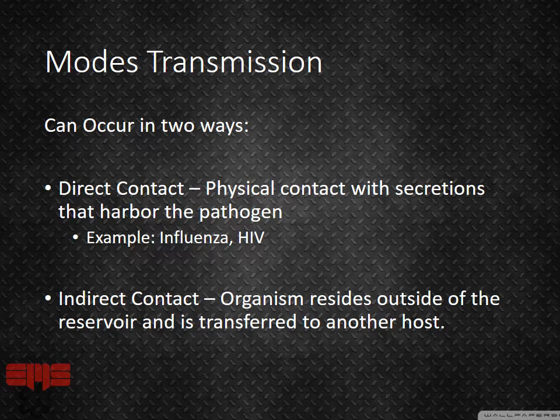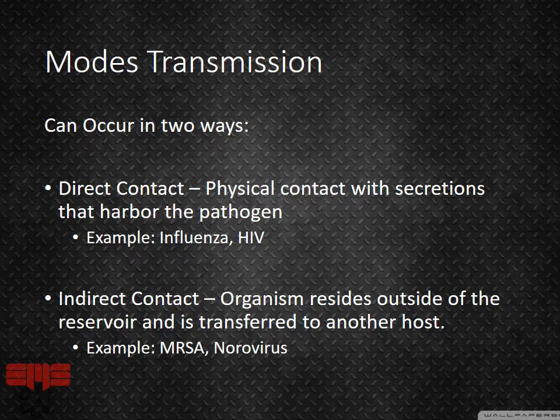Indirect contact, organisms reside outside of the reservoir before it is transferred to the host. Example, MRSA. So you have a MRSA infection, or your patient does, and you get some on the stretcher, and your next patient comes along and gets that MRSA from the stretcher back onto that person, so they might then have a MRSA infection.